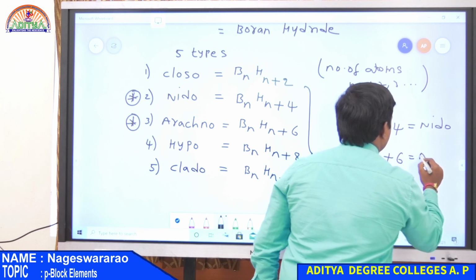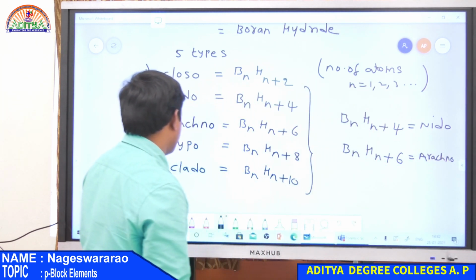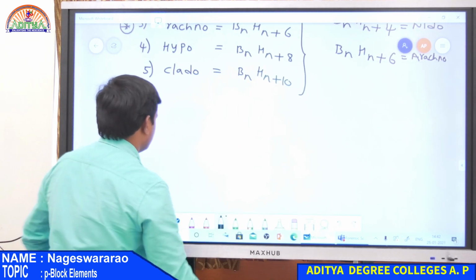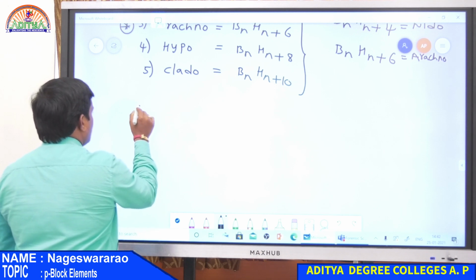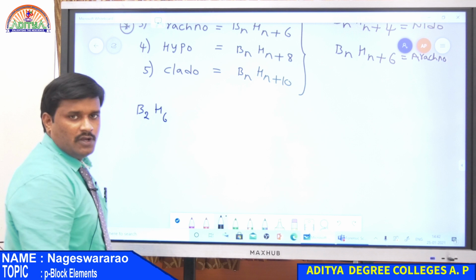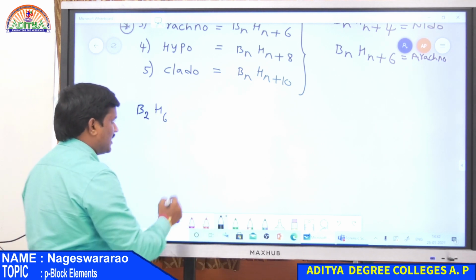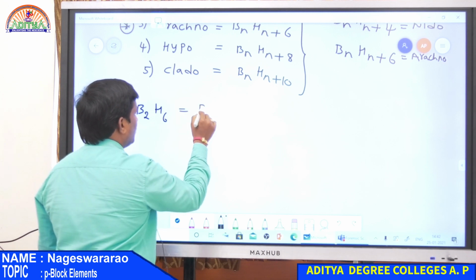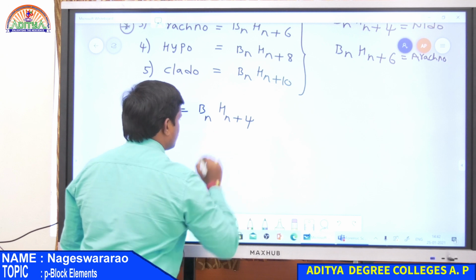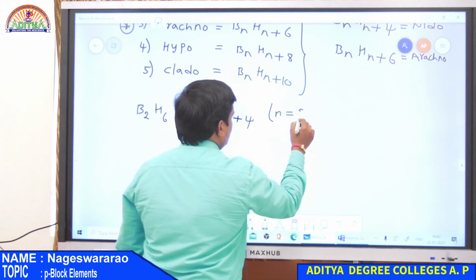Now what are the examples for arachno as well as nidoboranes? First example is B2H6. So 2 boron atoms and 6 hydrogen atoms. So it has the general formula BnHn+4, where n is equal to 2.